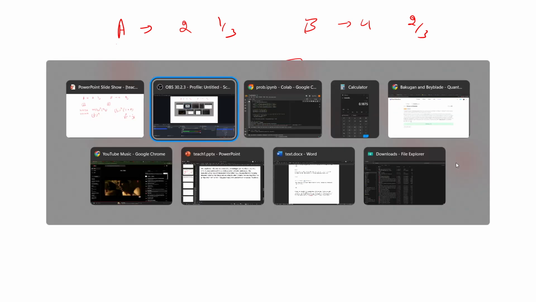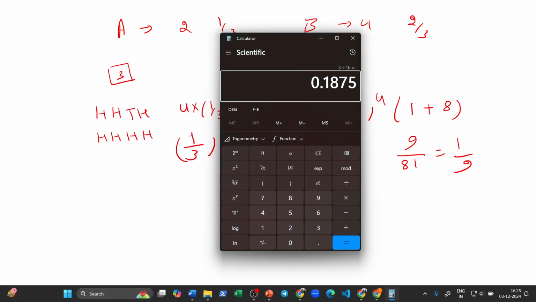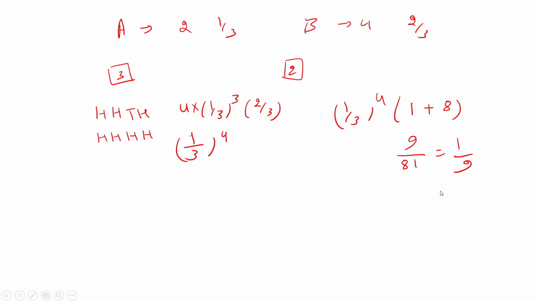And now 1 by 9 is 11.11%. So we have an 11.11% chance of getting 3 A's before 2 B's, by completely ignoring exponentials and just solving this.